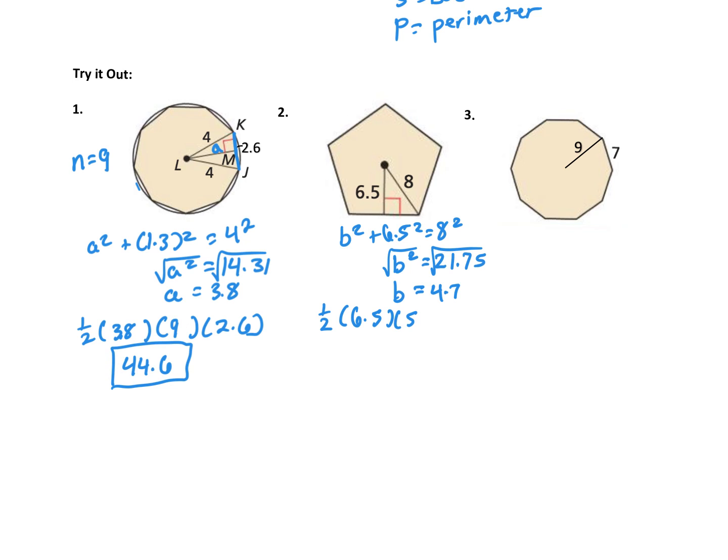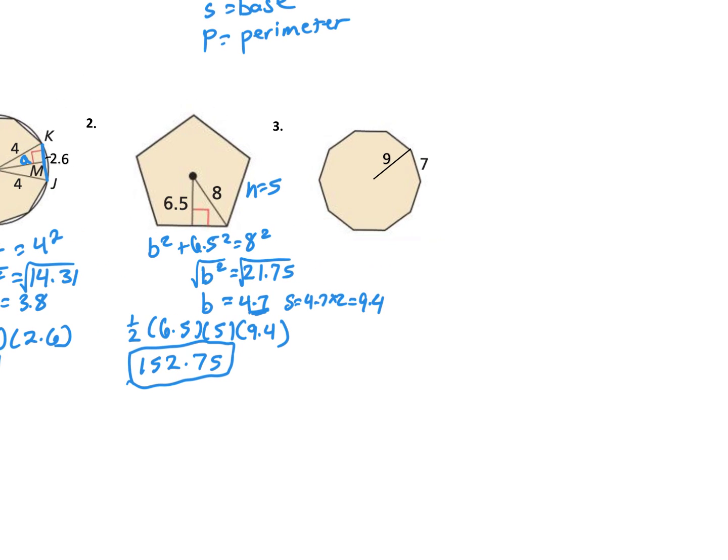There are 5 sides to this shape, and then times 9.4, which is gonna be our base. In order to get S, we got 4.7, we need to multiply that by 2. S equals 4.7 times 2, which is 9.4. Multiply all that through, we get 152.75 for this shape.